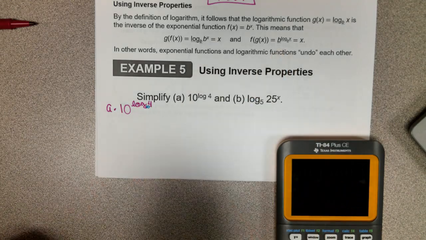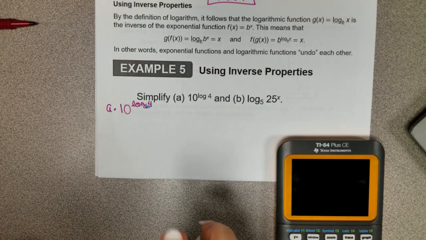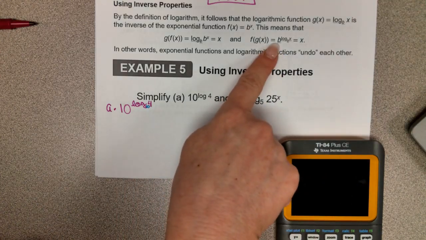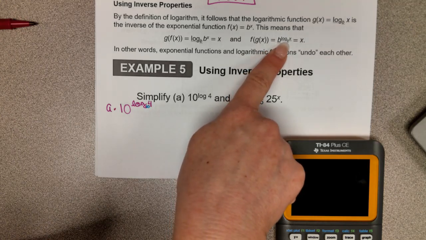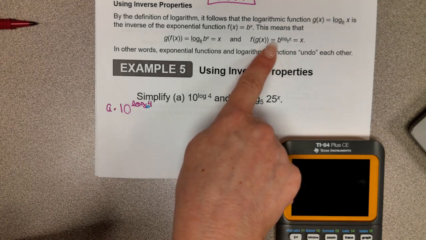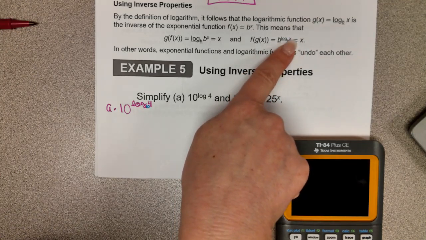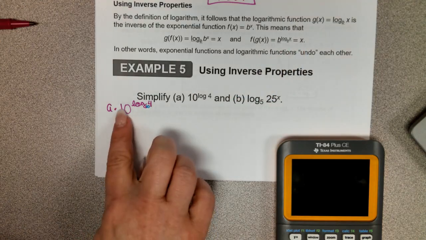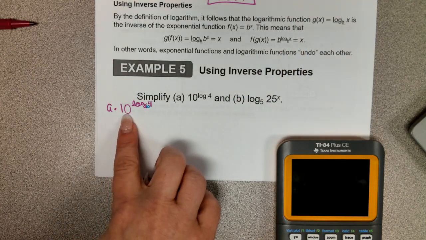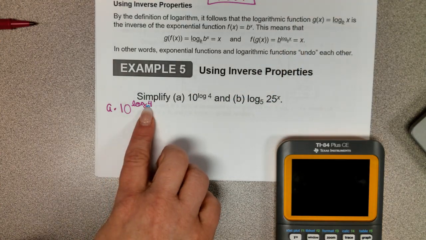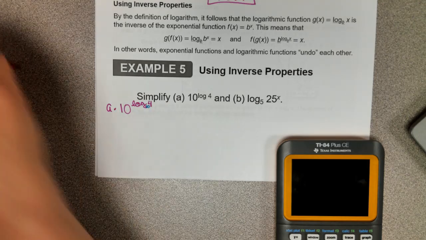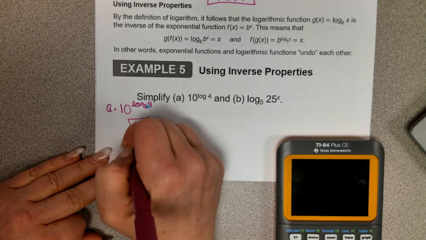Well, the rule here says that if I have a base and then my exponent has that same base as the logarithm's base, then the whole thing is equal to the x value. So in this case, my base is equal to the base of my logarithm. So this entire thing is equal to 4.